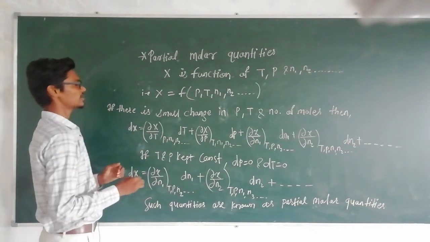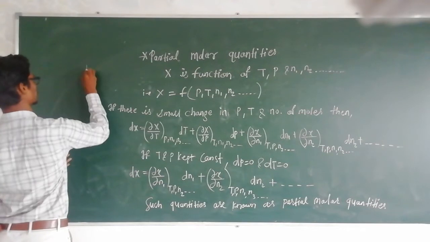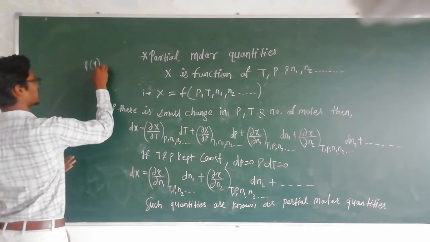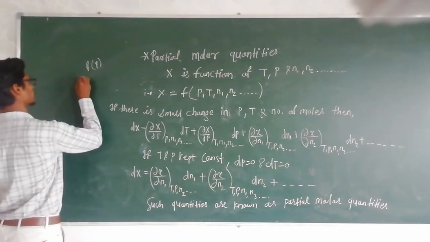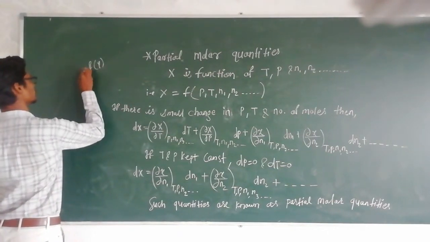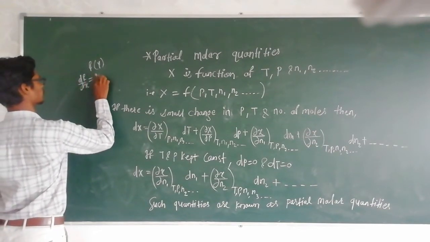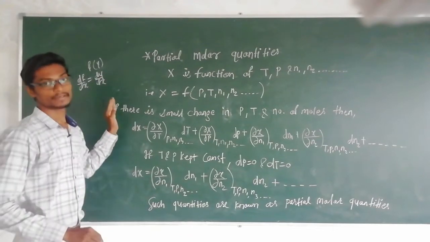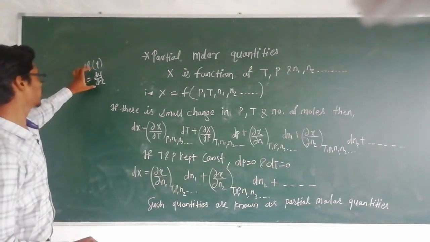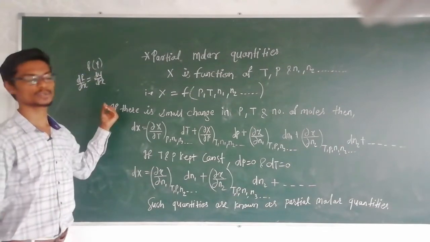So generally, for any function f of y, if we differentiate this equation with respect to x, we write df upon dx is equal to dy by dx. Here the function is differentiated with respect to x.